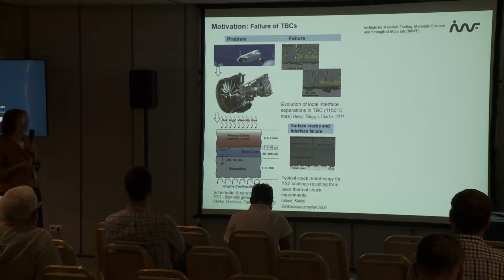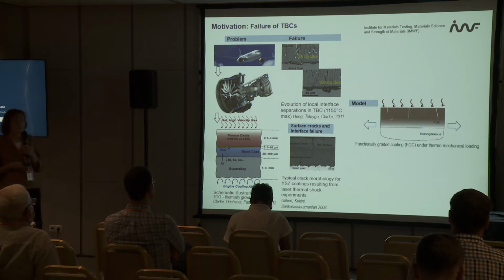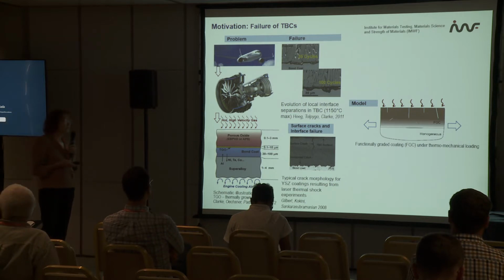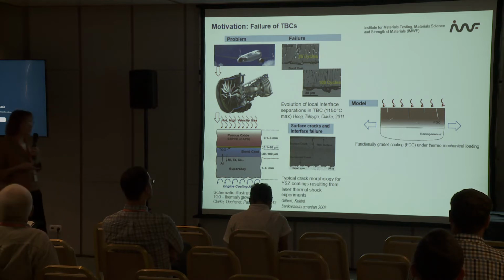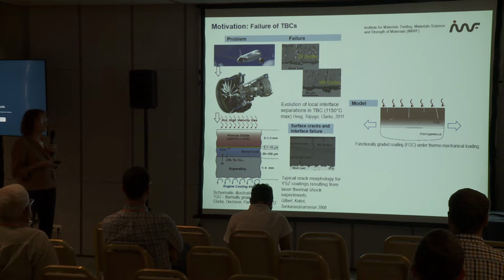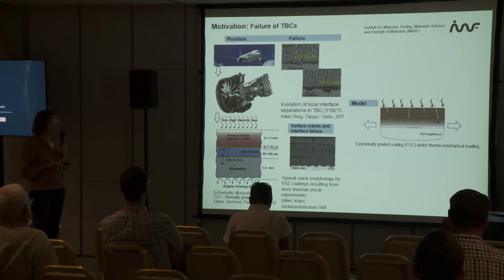In order to overcome this situation, a special kind of composites was designed, so-called functionally graded coatings or functionally graded materials. The composition of these materials changes continuously through the thickness of the coatings, and material properties also change continuously.